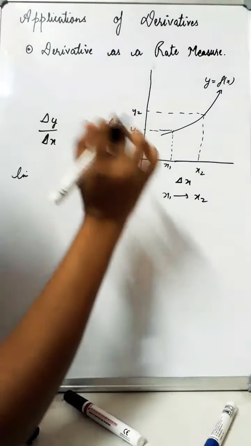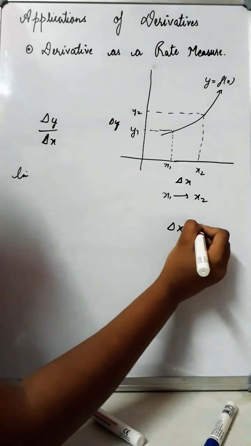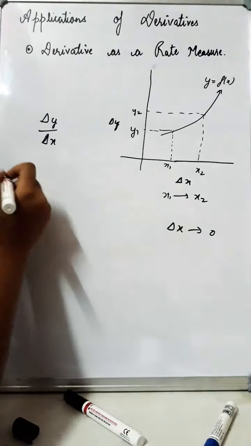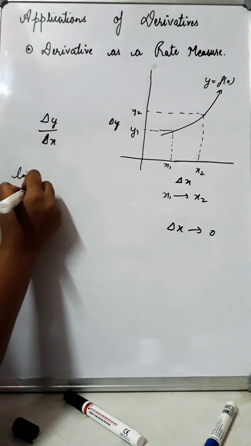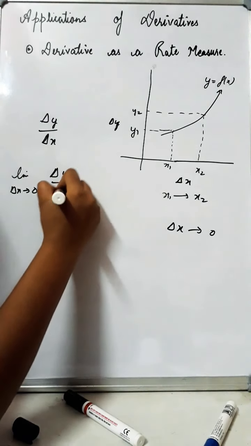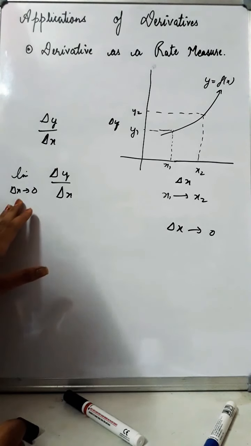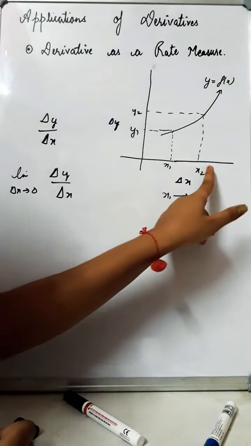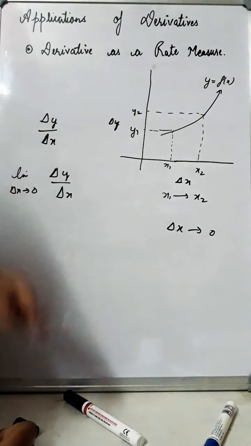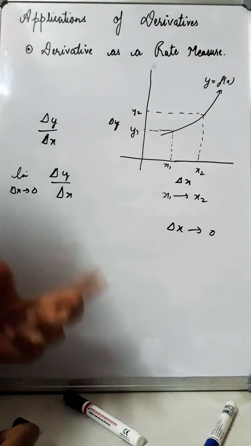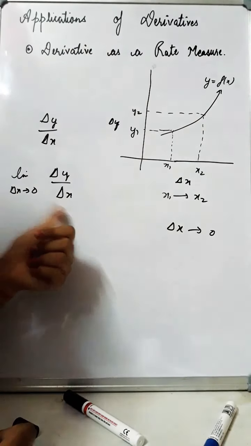The difference becomes 0 if your delta x tends towards 0. So limit del x tending towards 0, del y by del x. Now this proportion, the moment you apply the limit here, means you are tending x1 towards x2, this becomes the instantaneous rate of change of y with respect to x.